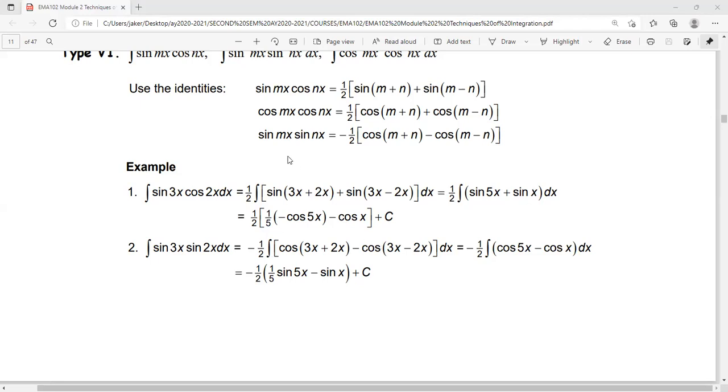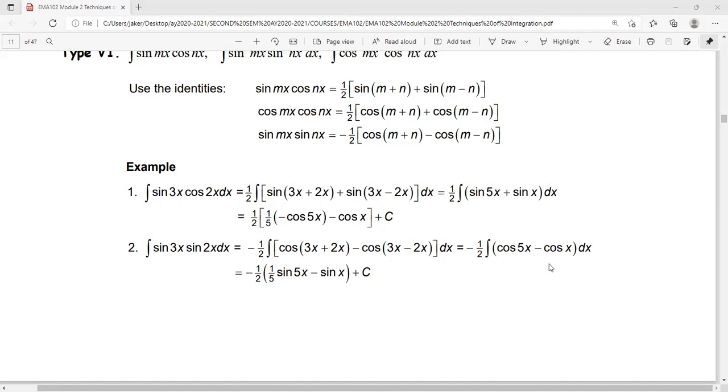Now, if it's both sine, you have this formula here. So negative 1/2. The cosine of m plus n, so 3x plus 2x, minus the cosine of 3x minus 2x. So you have negative 1/2 times the integral of cosine 5x for the first term and negative cosine of x for the second term.